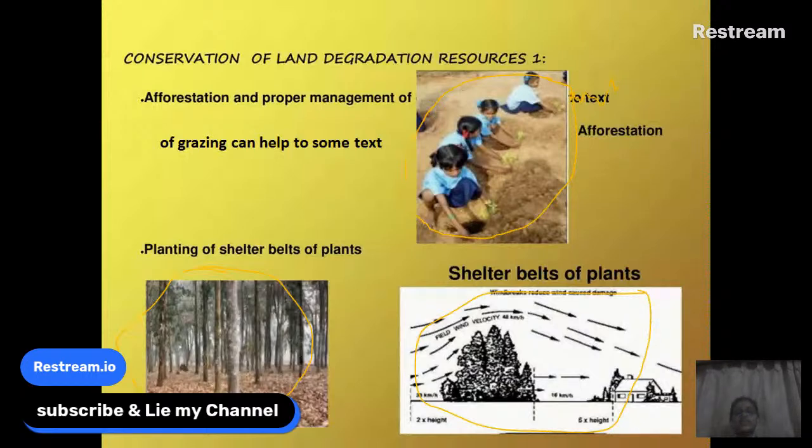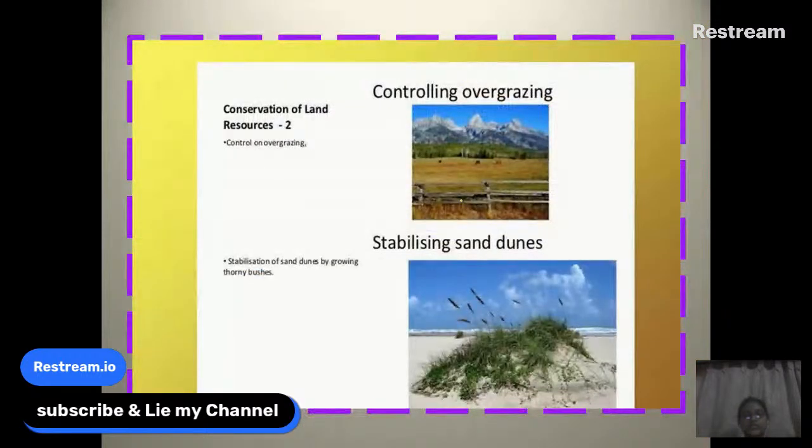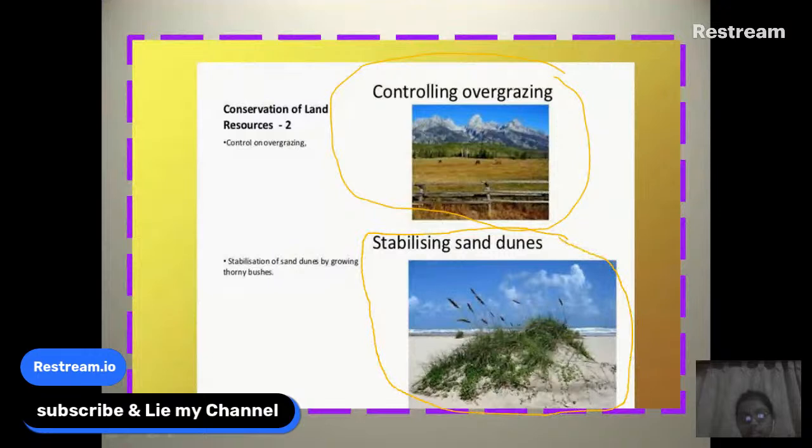After doing this, conservation of land resource one, we'll do the next one, which is conservation of land resource number 2. This is controlling over natural resource, stabilization of sand dunes by growing thorny bushes.